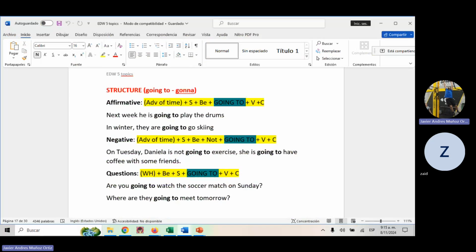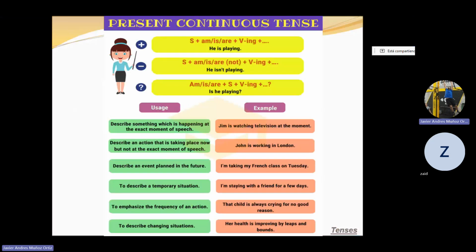So, we have to take into account that if we take as a base the present continuous tense, we are going to add another verb that's going to be going to, right? And this is coming in the middle, between the other two verbs. I mean, between the verb to be and the main verb.